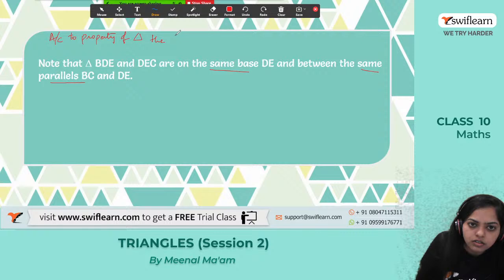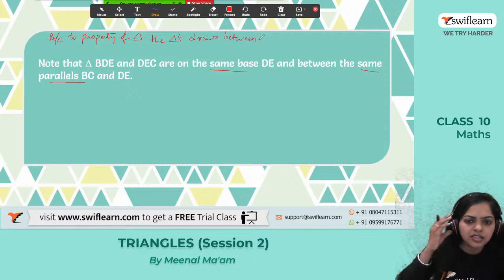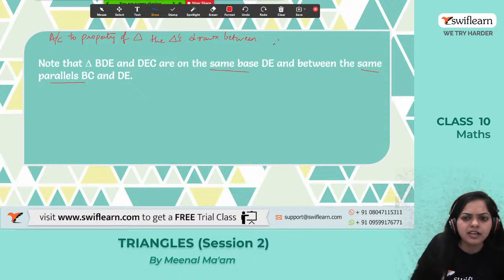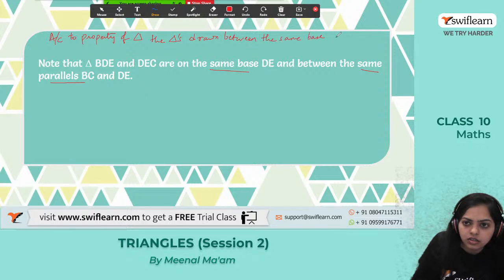We have discussed this property in the earlier classes, in class 8th and 7th also. According to the property of triangle, the triangles drawn on the same base and between the same parallel lines are equal.